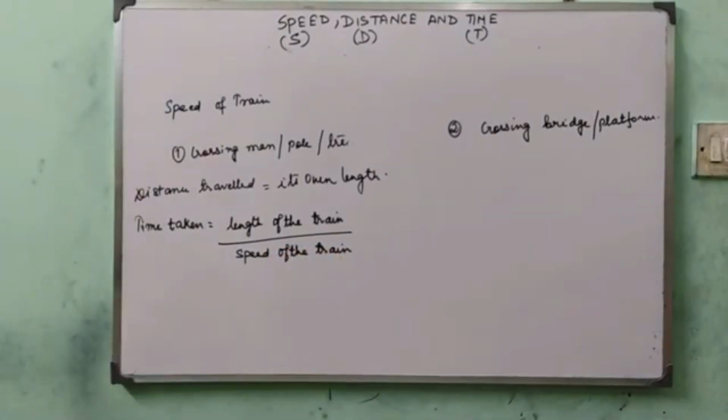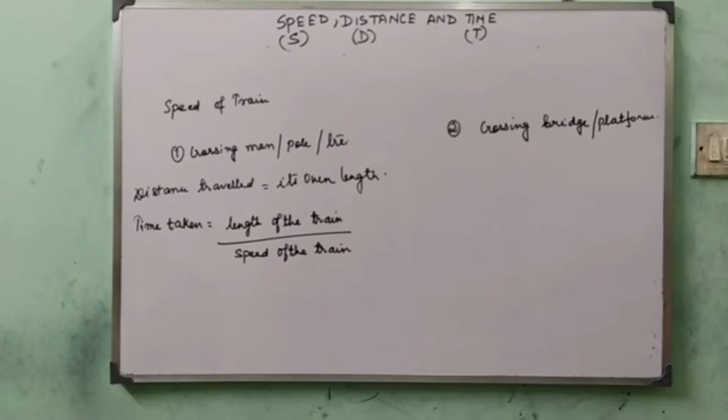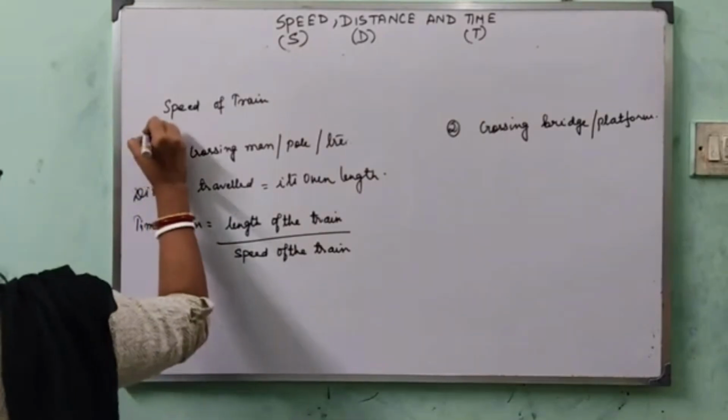Okay, so time taken by a train to cross a pole is what? It is equal to the time taken by the train to cover a distance that is equal to the length of the train. Okay, so the time taken will be length of the train by speed of the train. This is case 1.